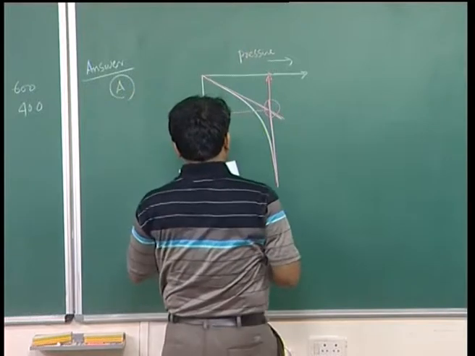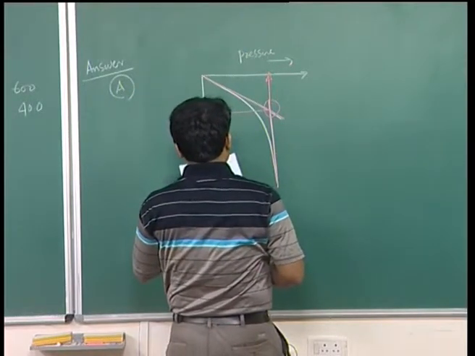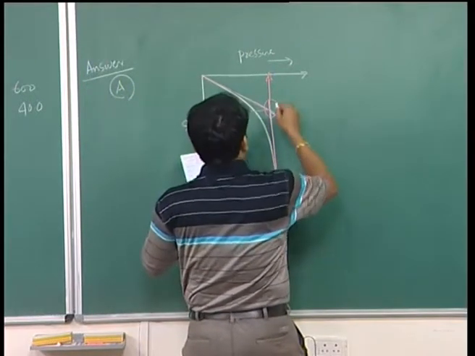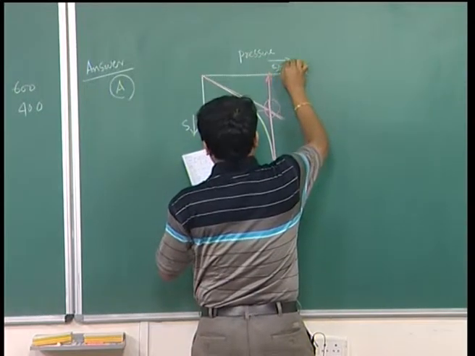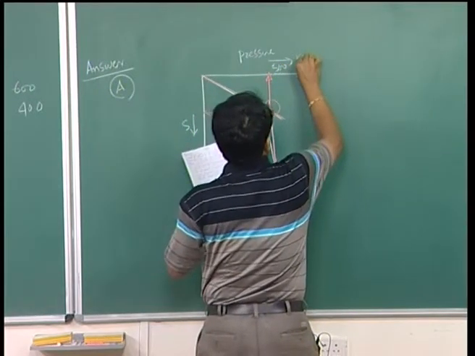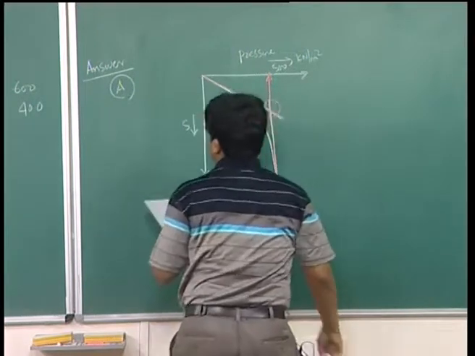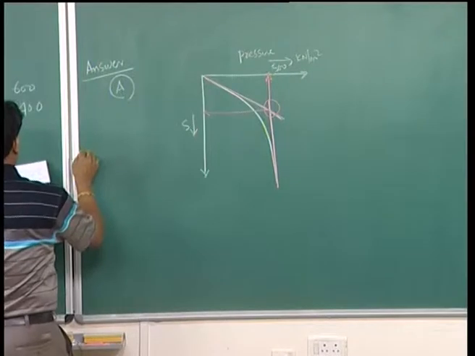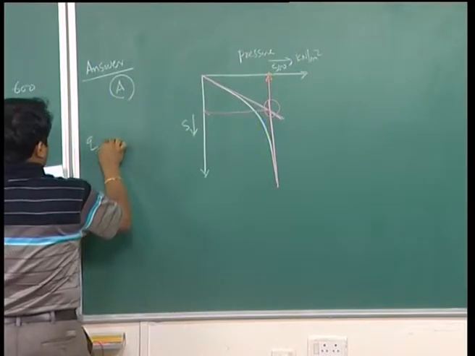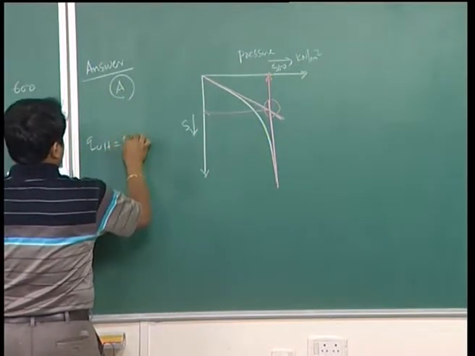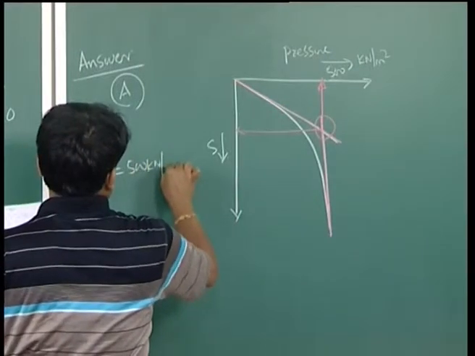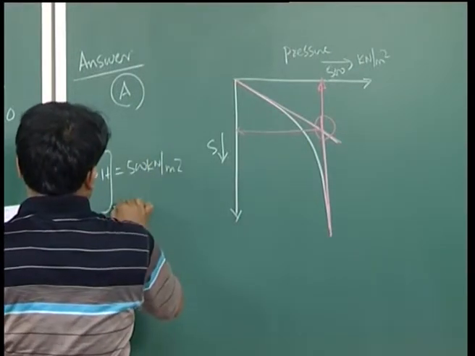So, here it is coming 500 kilonewton per meter square. Now, in this case Q ultimate is equal to 500 kilonewton per meter square of plate.